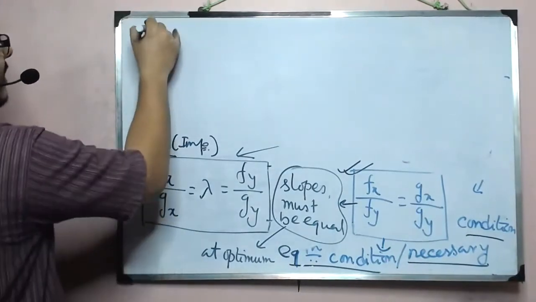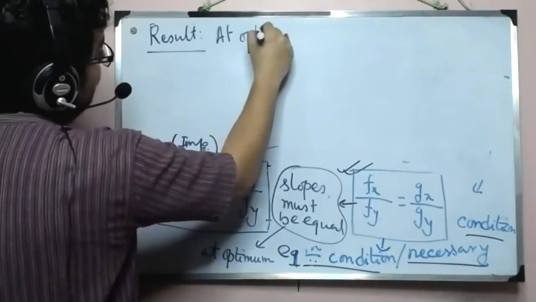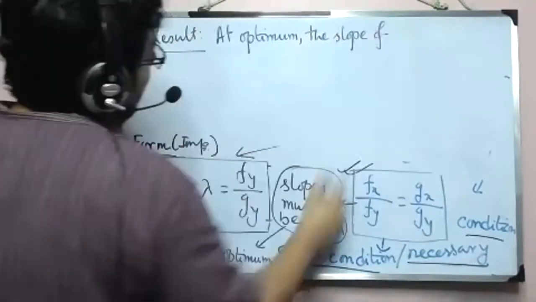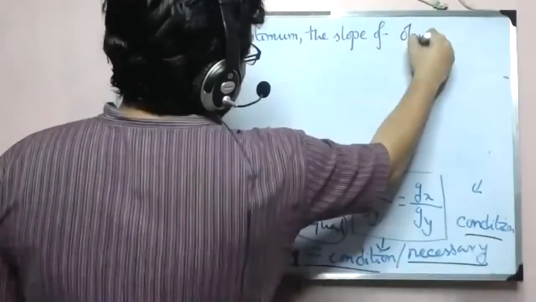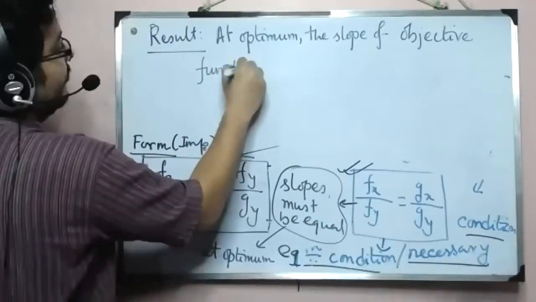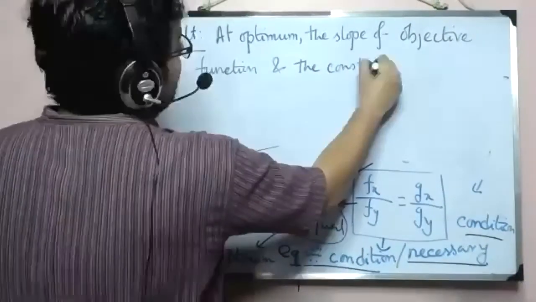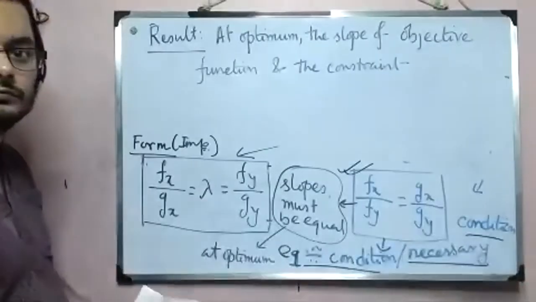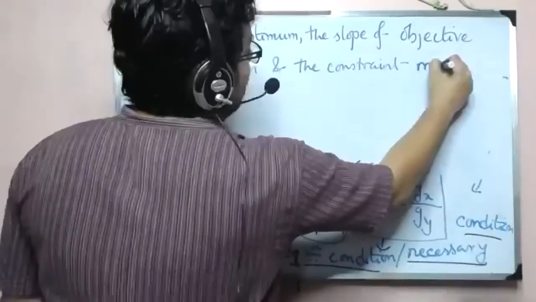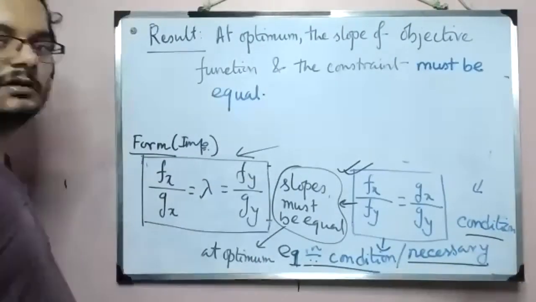The result is that at optimum the slope of the objective function and the constraint must be equal.